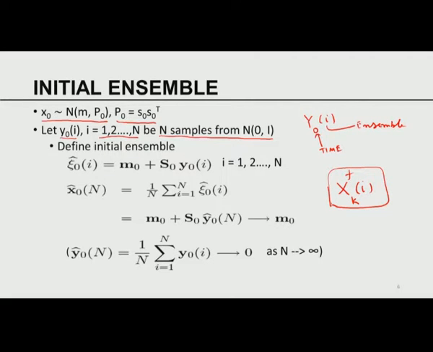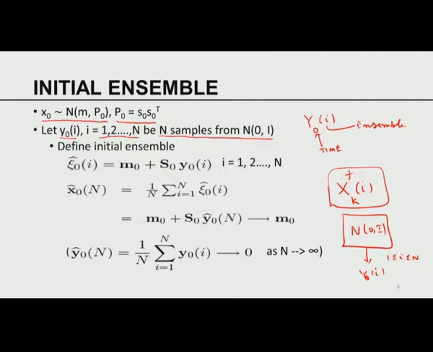So y naught i, i running from 1 to n, are n samples drawn from the standard normal distribution. So I now have a copious supply, n.